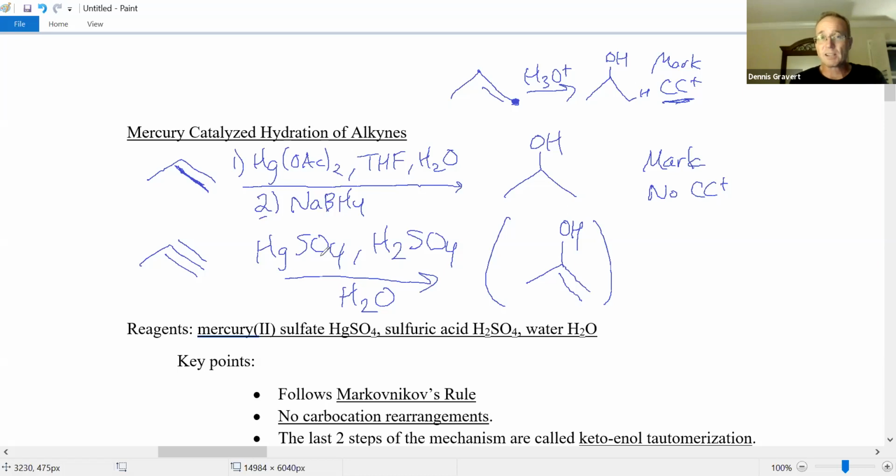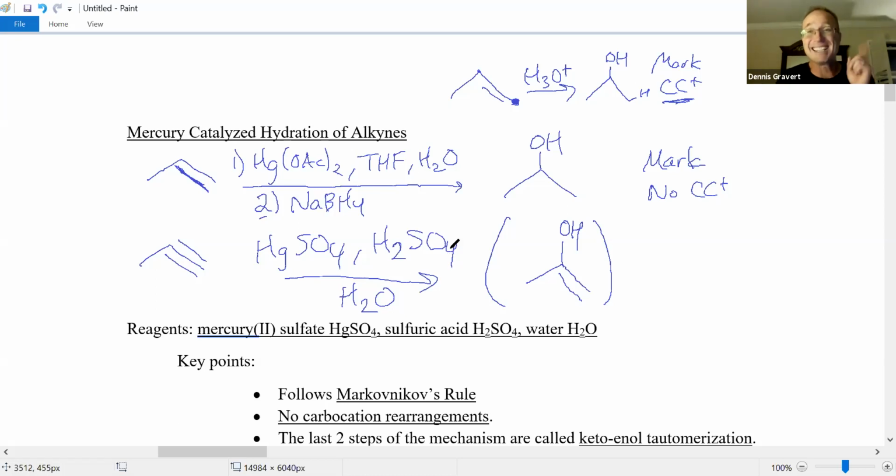Okay, so see the pattern here? We have HgSO4 and H2SO4. So it's almost like writing H2SO4 twice, but change the G to a 2. And then you got water in there too. So what's really happening is you have mercury, you have water, but instead of the THF co-solvent and later sodium borohydride, a little bit of acid is enough to get the reaction to go.